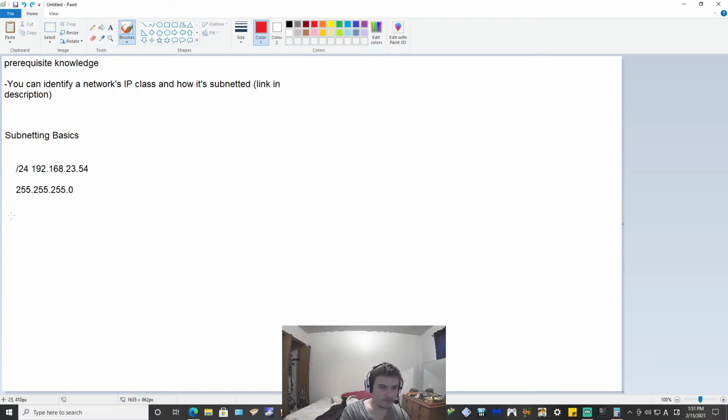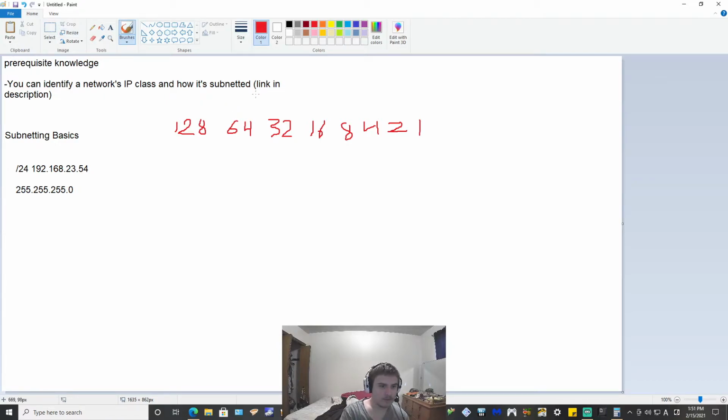So the first thing to realize is that the bits are in binary, right? And this is how they work. You have the numbers 128, because there's 8 of them, 64, 32, 16. Notice it's just halving itself. 8, 4, 2, and 1.